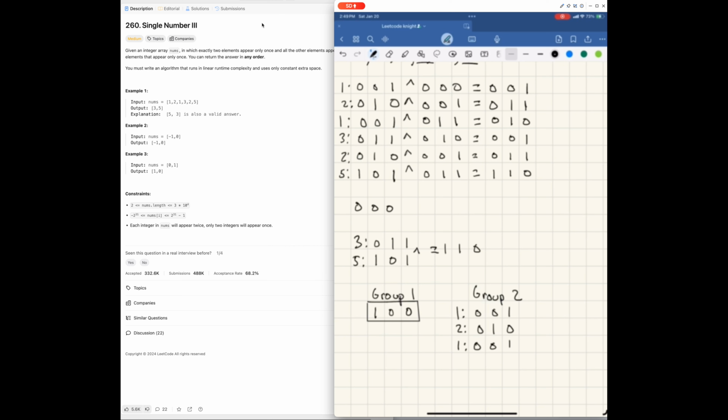What about the 3? Same thing here. So we can actually just really quickly go along and say the rest of these all end up in this group, right? And now we know that here we have our number.